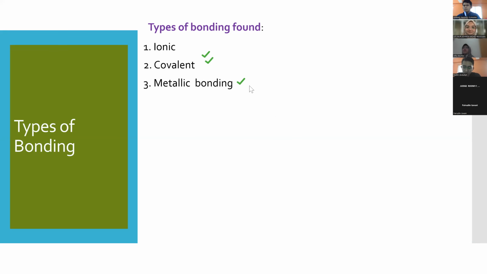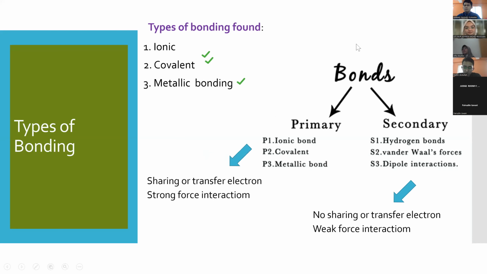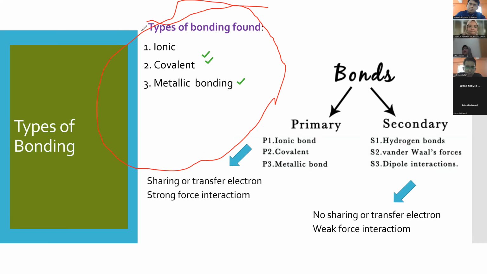Actually, I believe that you have heard about bonds. There are two classifications of bonds: primary and secondary bonding. Here, when I write the types of bonding, is this primary or secondary bonding?